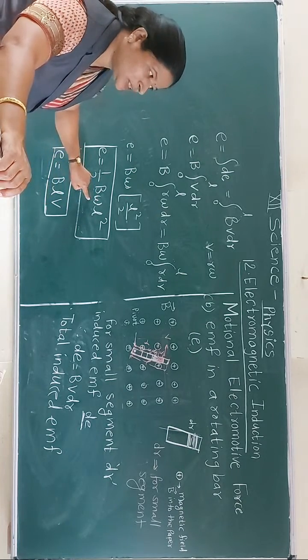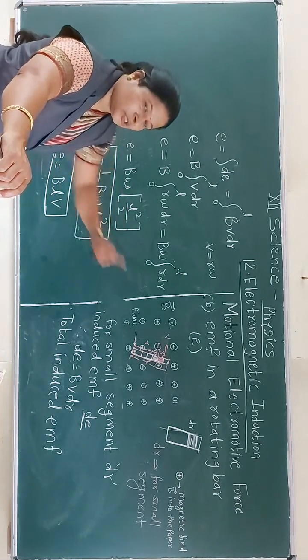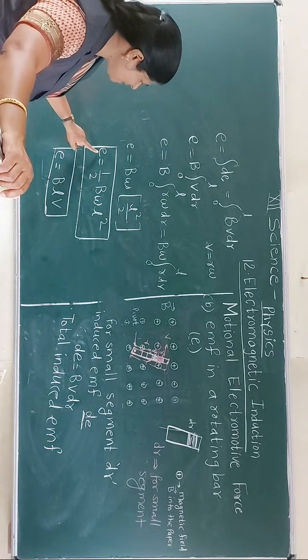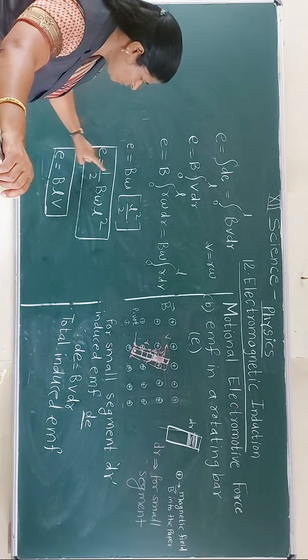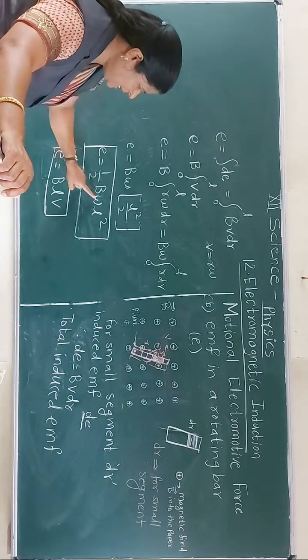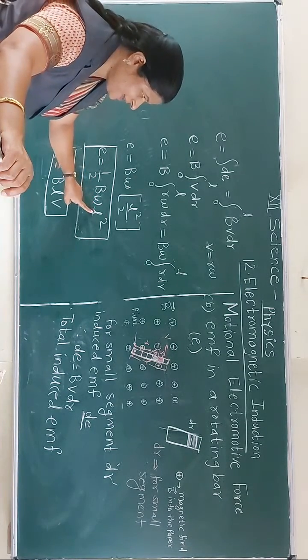And in rotational motion, we get E is equal to 1/2 B omega L square.